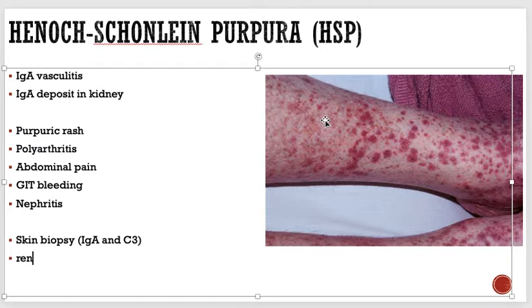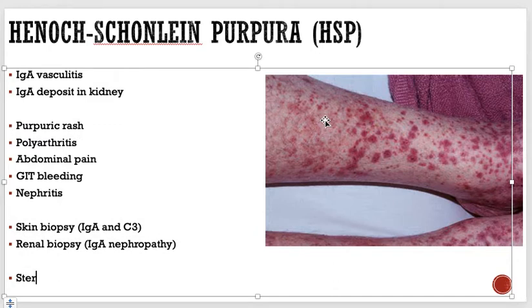Or if you do a renal biopsy, you will find again the same thing, IgA nephropathy, right? And again, the only thing we can do is give a steroid trial. Especially, steroids are given when there is gut involvement. Okay, so this is how we treat this condition.